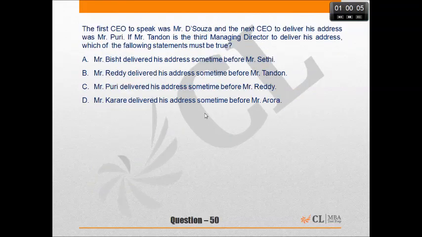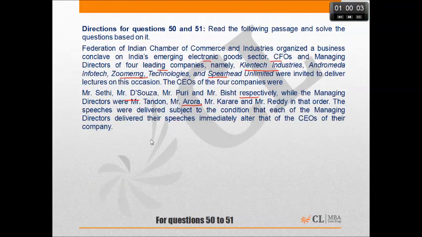Let me just write down the companies: Clean Tech Industries, Andromeda Infotech, Zoomerang Technologies, and Spearhead Unlimited.